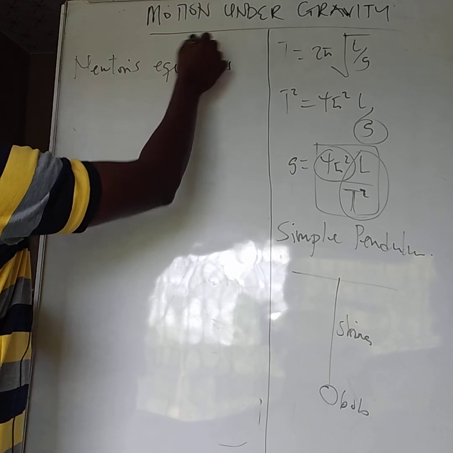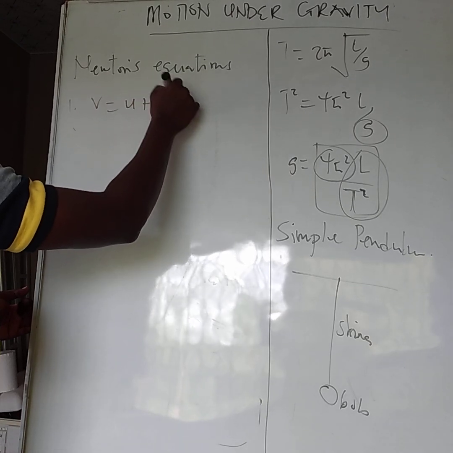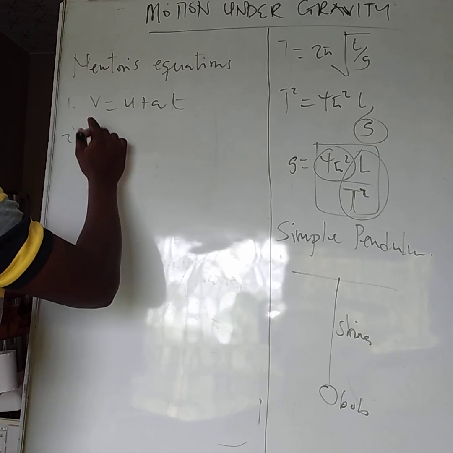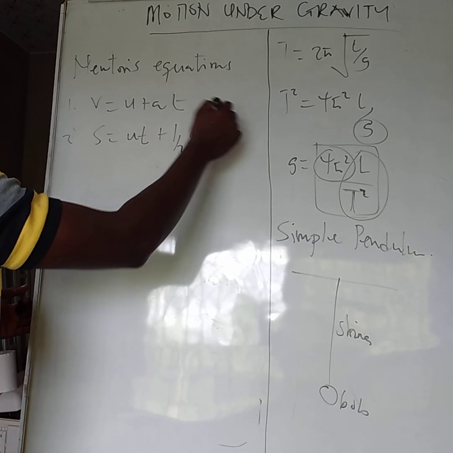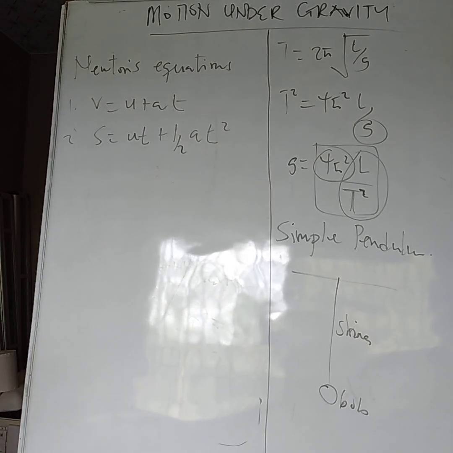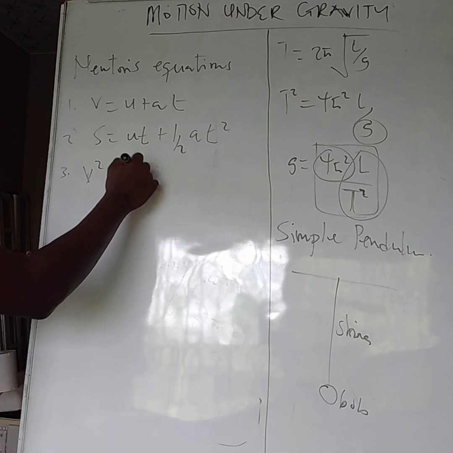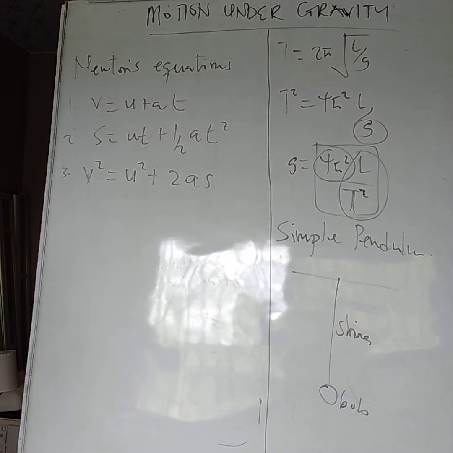The first one is V is equal to U plus AT. The second is S is equal to UT plus half AT squared. The third is V squared is equal to U squared plus 2AS. The A there is equal to acceleration.